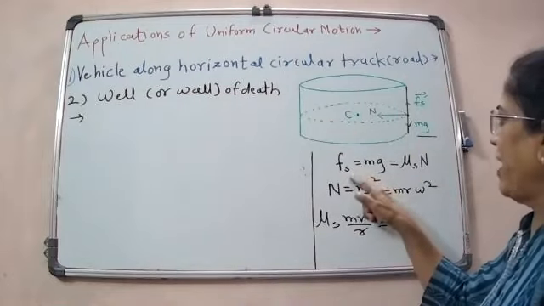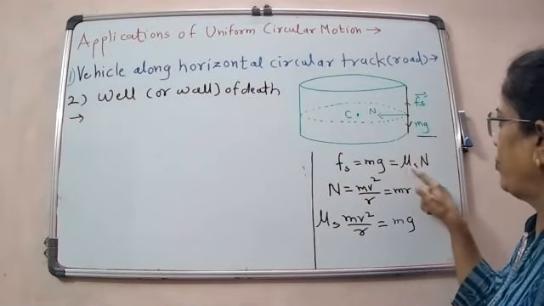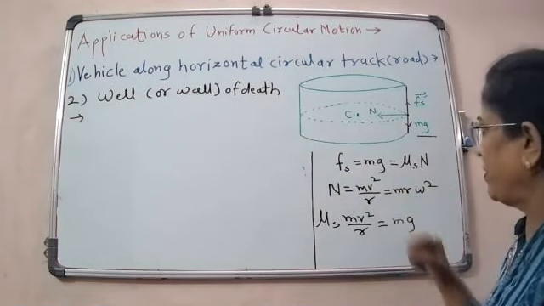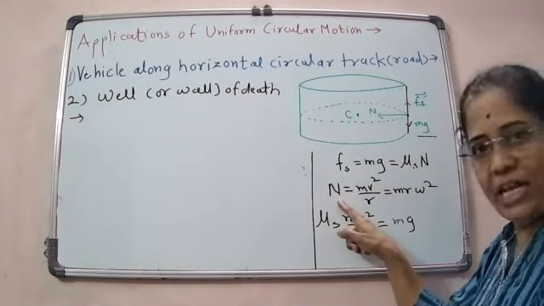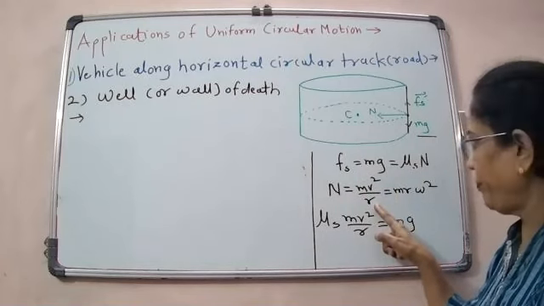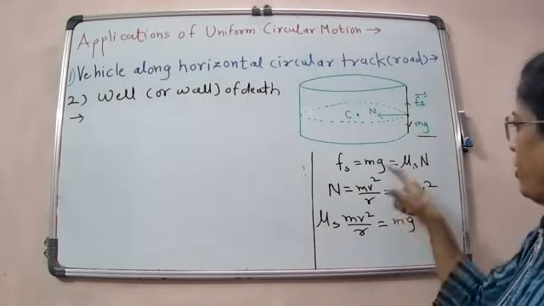So this Fs, which we have seen is mg, is also equal to mu s into N, according to the formula for static friction. But this normal reaction is equal to the centripetal force mv square upon r. So mu s into mv square upon r is equal to mg.